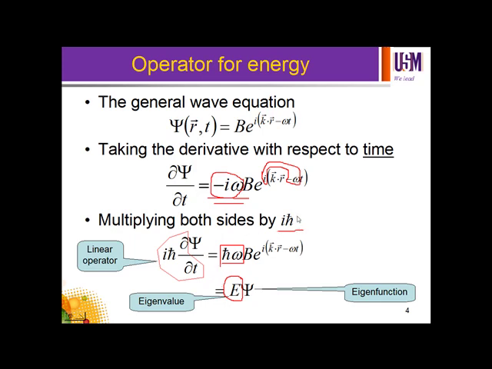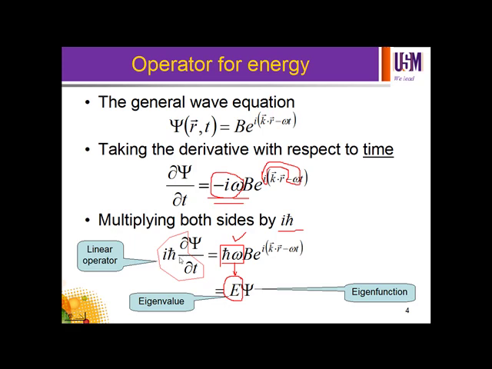So when you multiply by this, you have the term h bar omega, which means that we can replace it with energy. But whenever you multiply the right hand side of the equation with i h bar, you need to multiply the left hand side with i h bar too. So now that's why we have i h bar on the left hand side.